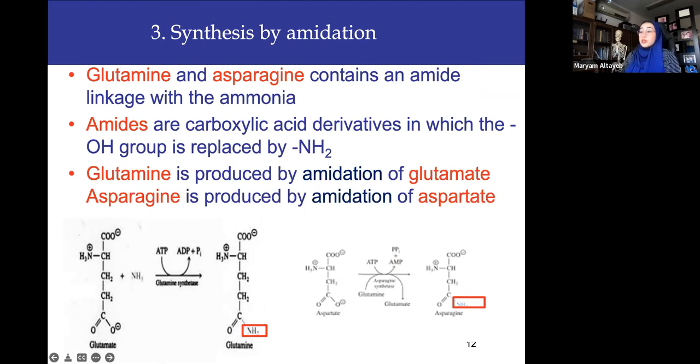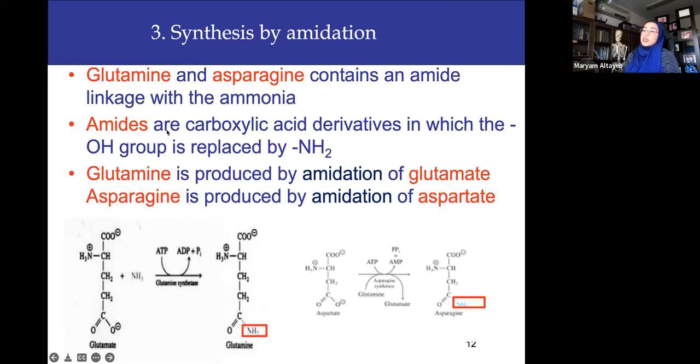Glutamate just has one NH group, and then you can convert it into glutamine, and it has two. So this is amidation, and this is going to be amination. You can see how this is a charged molecule, and this is incorporated into the molecule as well. So that would be the difference between, let's say, glutamate and glutamine. Aspartate and asparagine, aspartate and asparagine. So this is by amidation reaction.